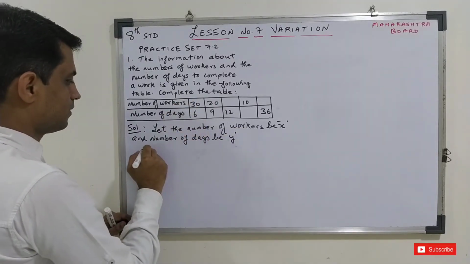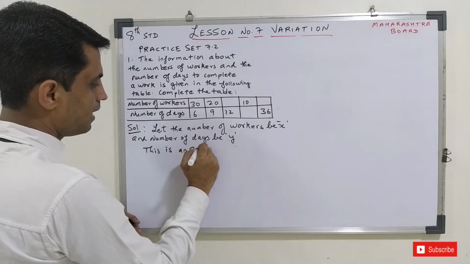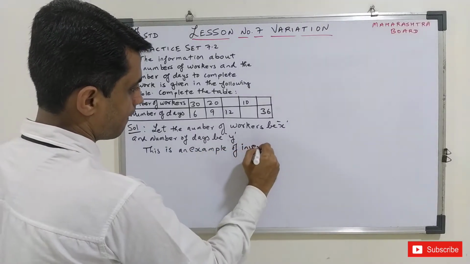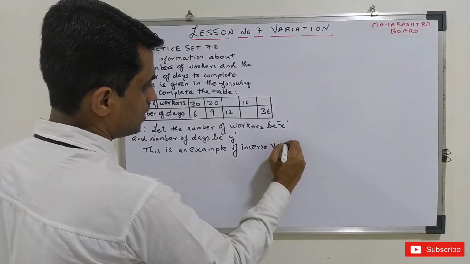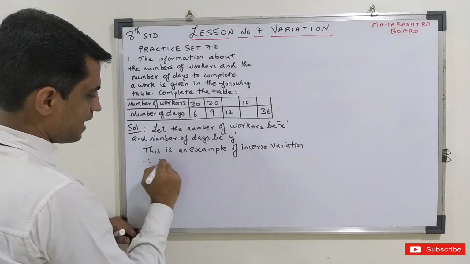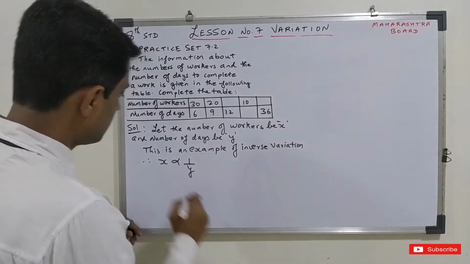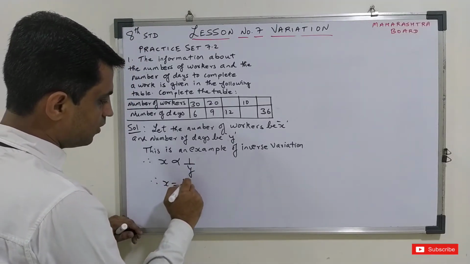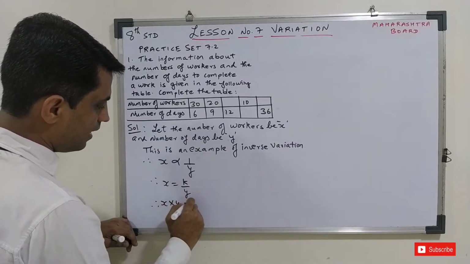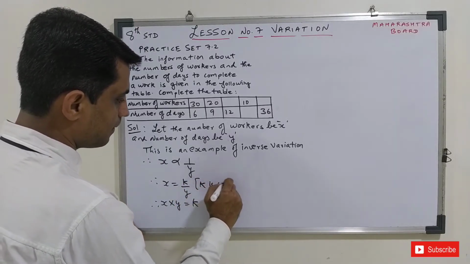Then you can say this is an example of inverse variation. So therefore we can say that x is inversely proportional to y. So therefore we can get x is equal to k upon y. So we will get x into y is equal to k. Now here we will write k is constant.